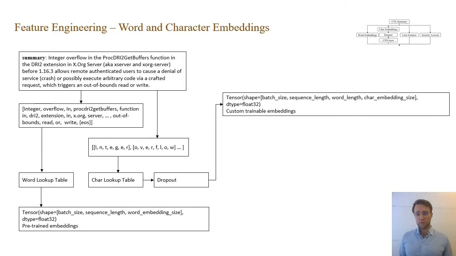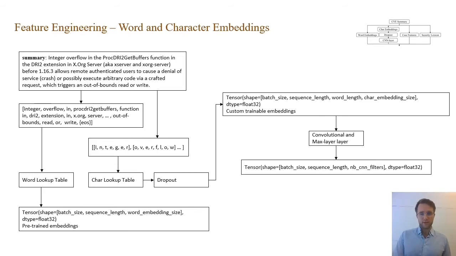So this is 4-dimensional in comparison to 3-dimensional for the word embedding. To reduce the dimension into something that we can concatenate later, we use a convolutional layer together with a max pooling layer where we get an output which is batch size, sequence length, and number of CNN filters, which is 30 in our case.